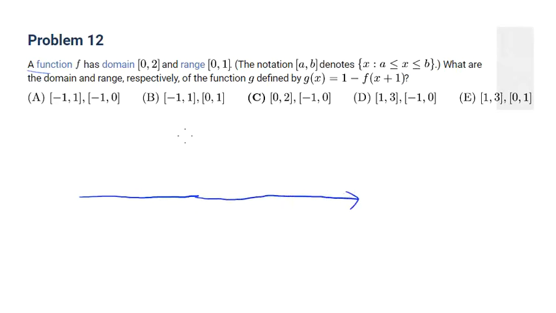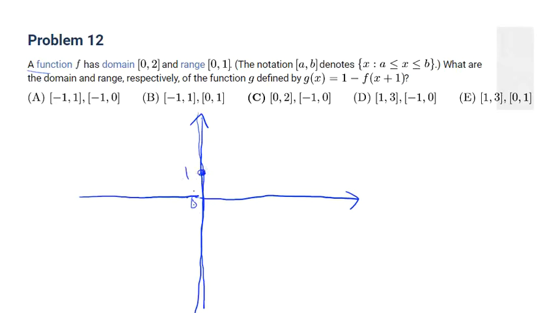Okay, let's see now. We draw this graph. Honestly, I could have removed all the quadrants beside the first one, but I'm not going to. I'm going to include all the quadrants here, okay? Mainly because of g(x).